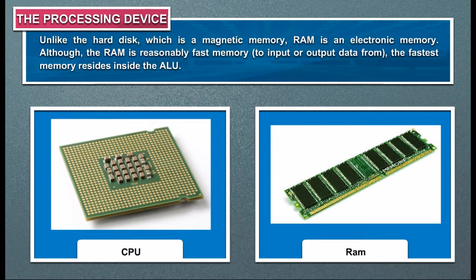Unlike the hard disk, which is a magnetic memory, RAM is an electronic memory. Although the RAM is reasonably fast memory to input or output data from, the fastest memory resides inside the ALU.